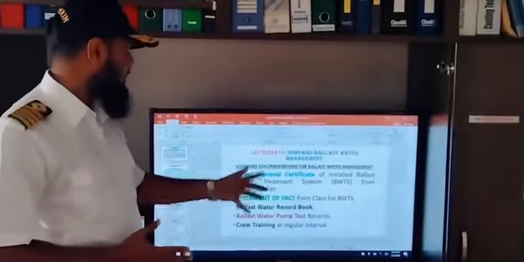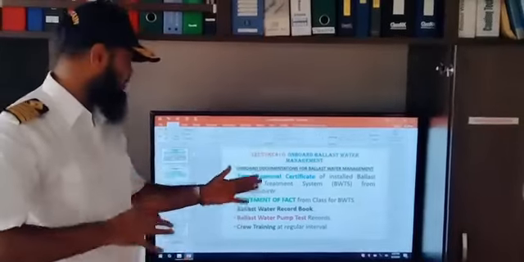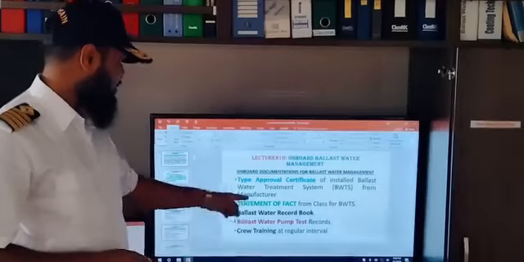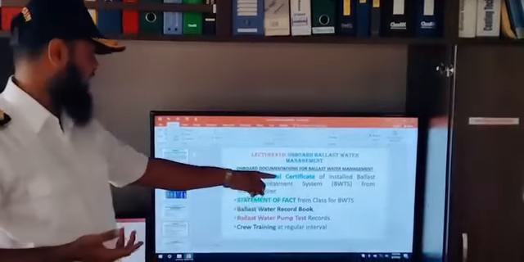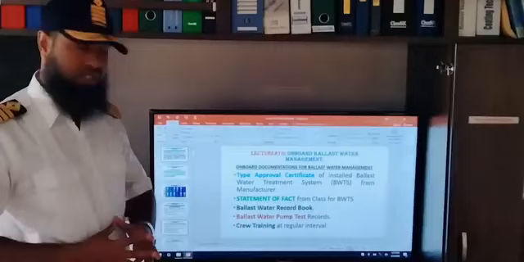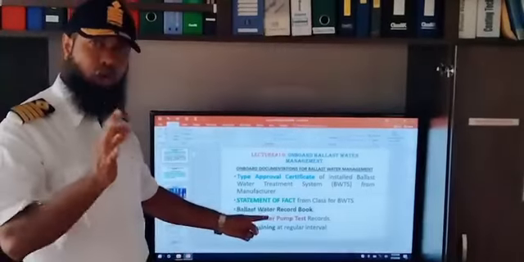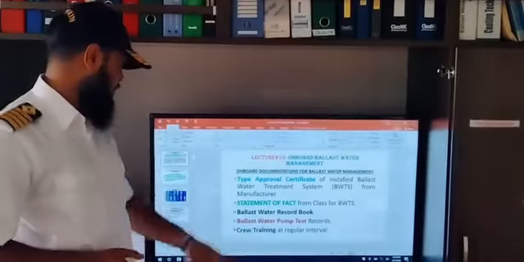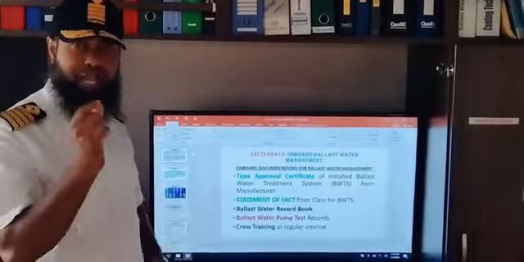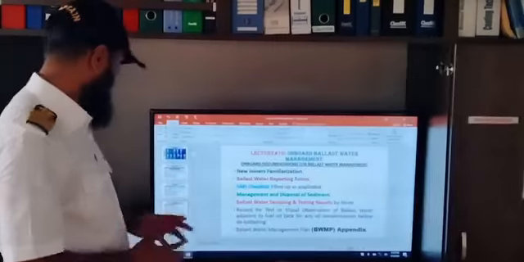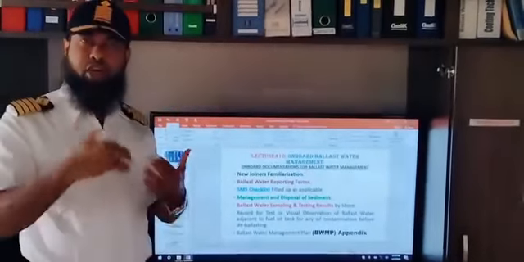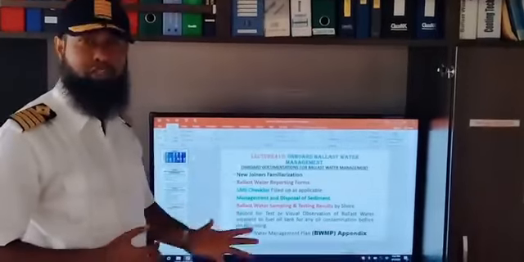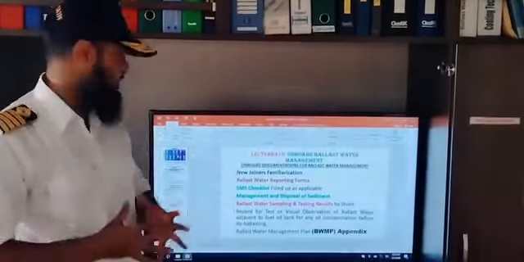Now, type approval certificate of the installed ballast water treatment system from the manufacturer. Statement of fact from the class about the ballast water treatment system, ballast water record book on board, ballast water pumping test record, crew training at regular intervals. Whenever new joiners join the vessel, they must get familiarization about the ballast water management plan and the treatment system.